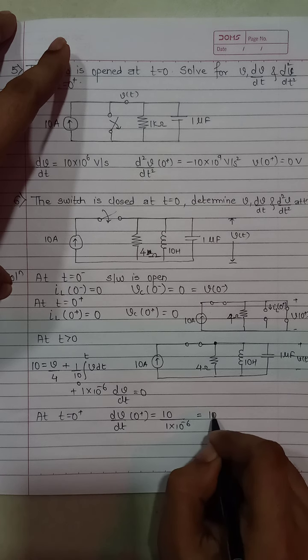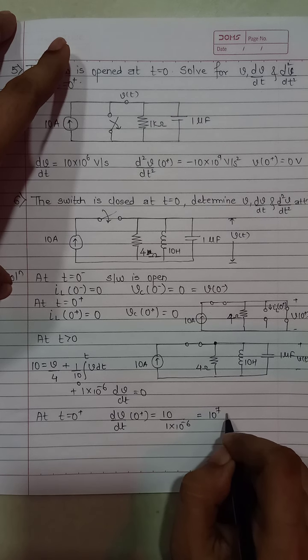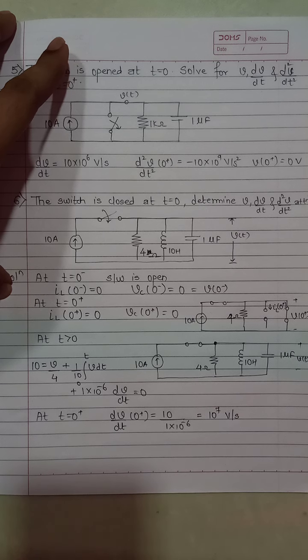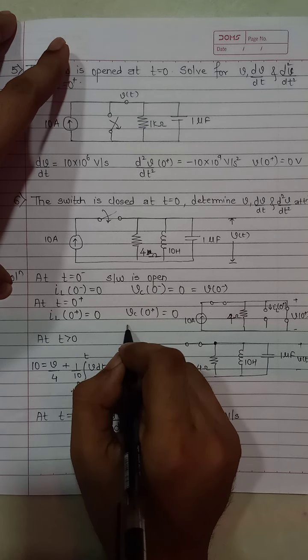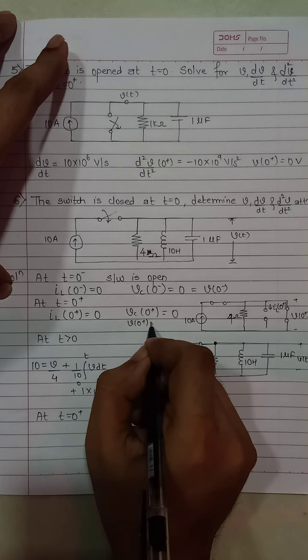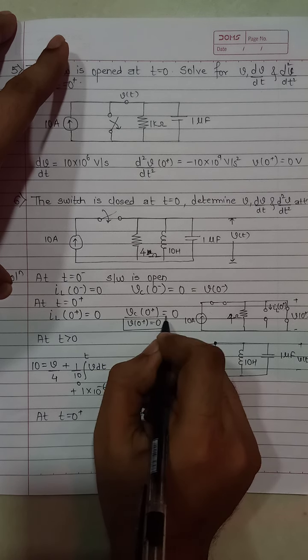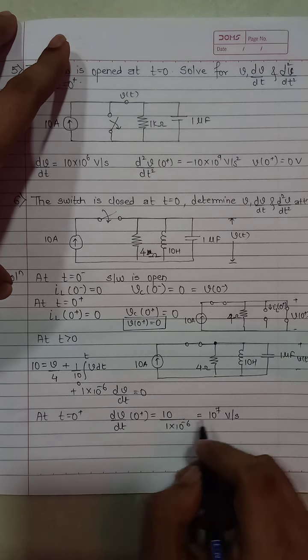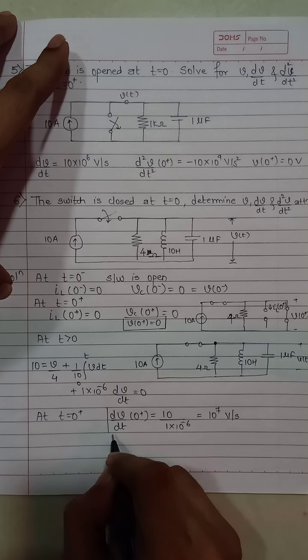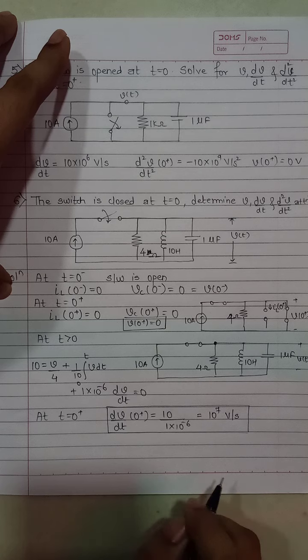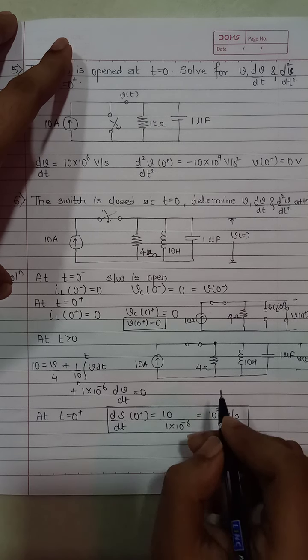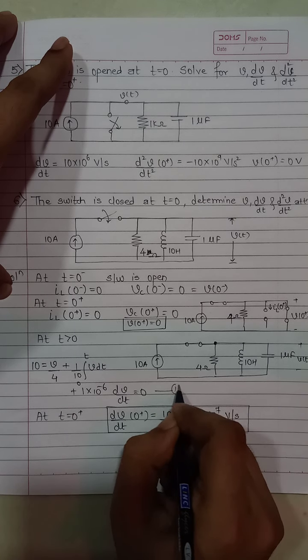So this will be 10 raised to 7 volts per second. Now we have got v at 0 plus, which is 0, which is same as vc at 0 plus, and we have got dv by dt at 0 plus, which is 10 raised to 7 volts per second. Now I am calling this as equation 1.